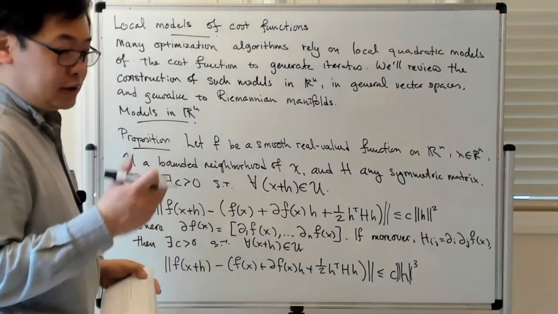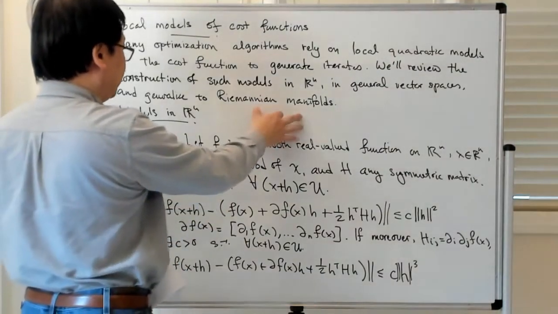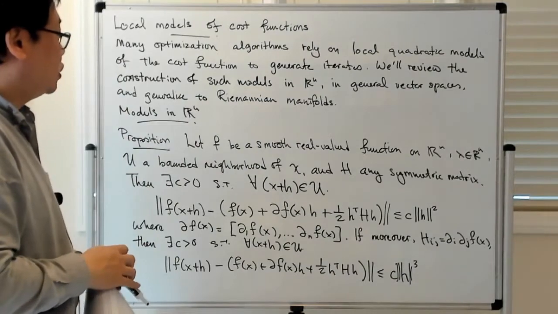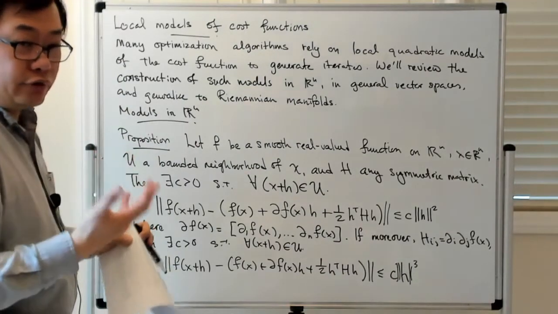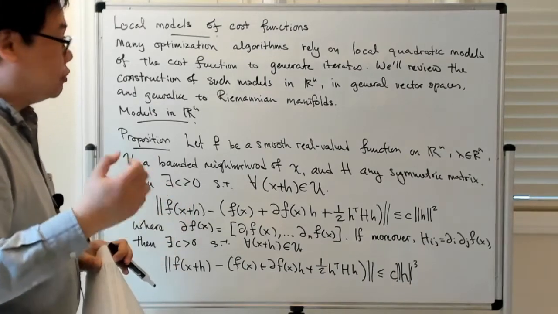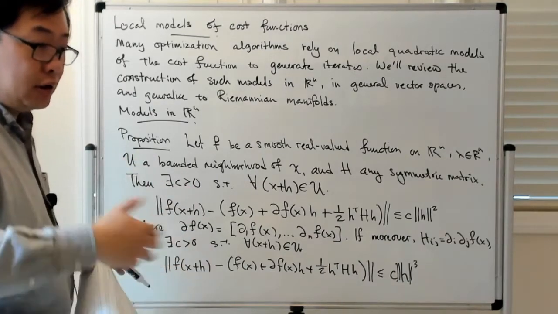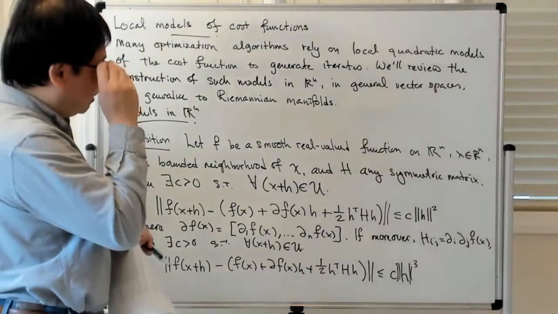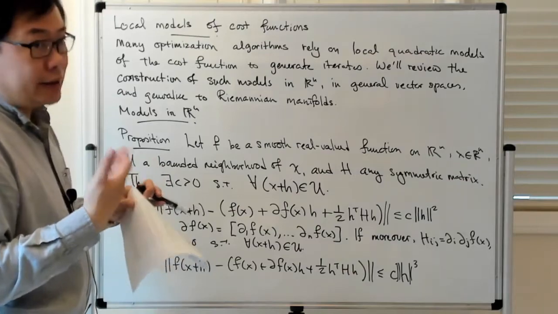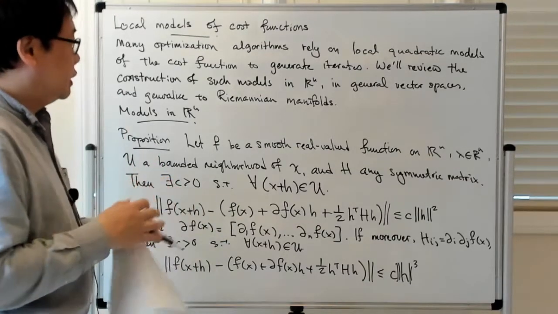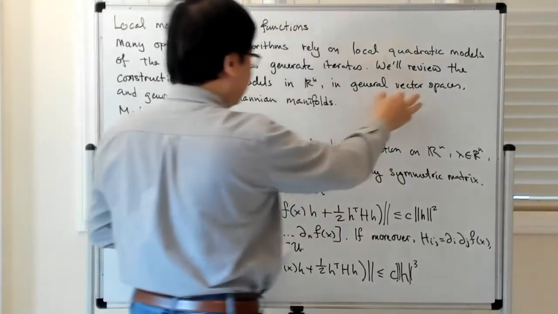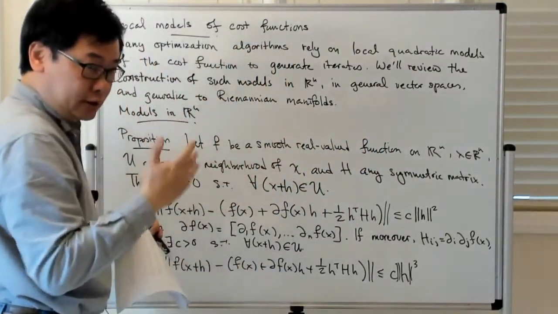Essentially what's going to happen is that on the Riemannian manifold, we're going to take advantage of the choice of a retraction. The retraction allows you to take a smooth cost function on the Riemannian manifold and think of it as a smooth cost function on a tangent space, which is one of these general vector spaces, and then apply the results we're going to talk about for general vector spaces to that case.